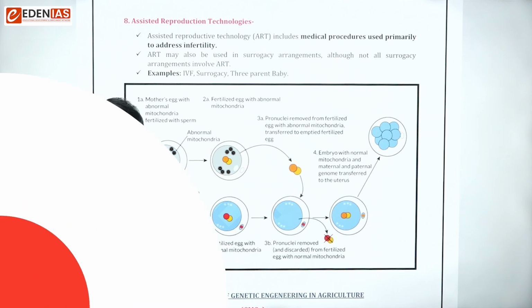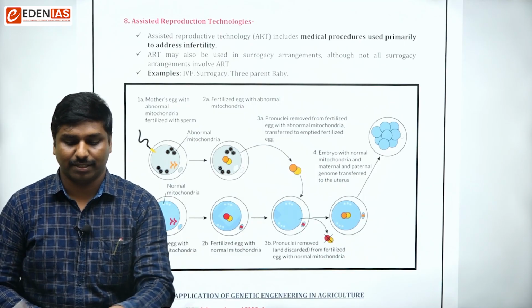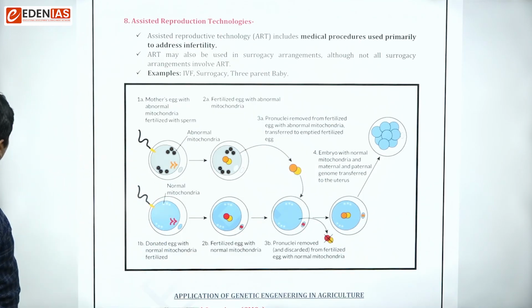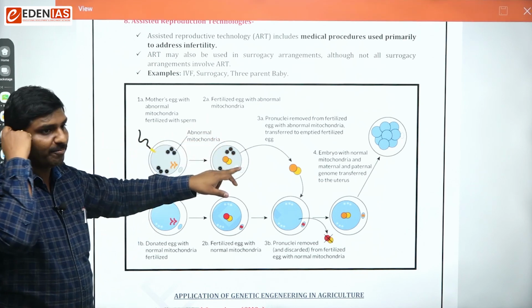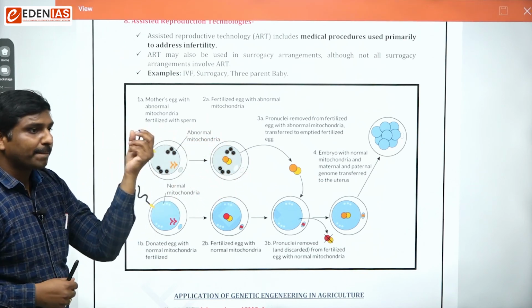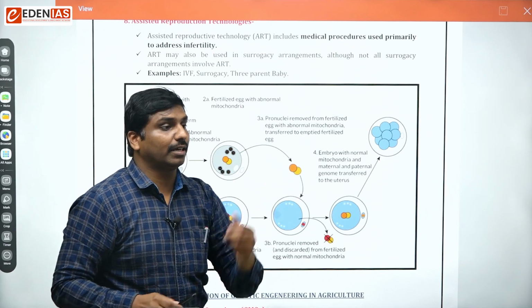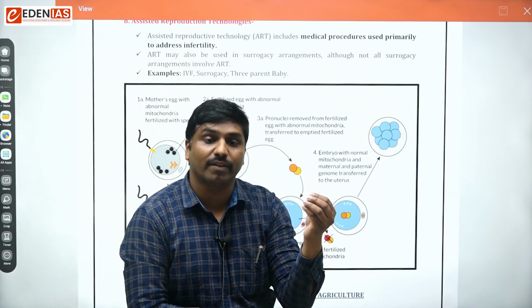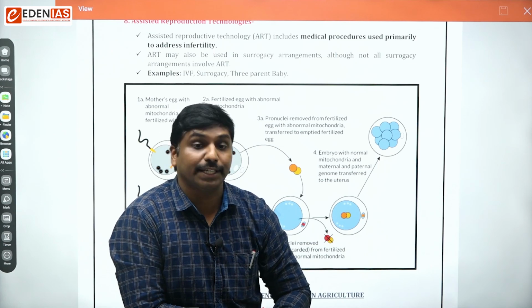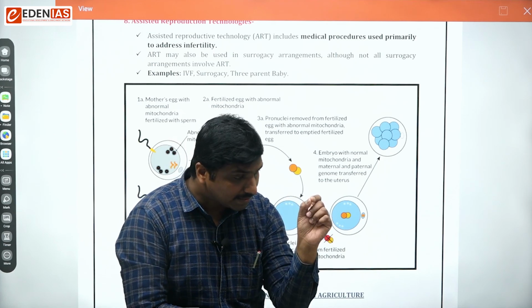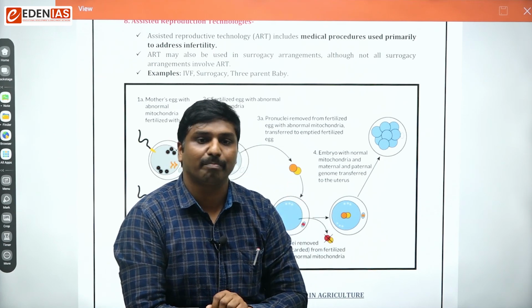Here, three parents, this is the example. Usually, as we have discussed, a certain portion of DNA is present in the nucleus, and a certain portion of DNA is present in the mitochondria.